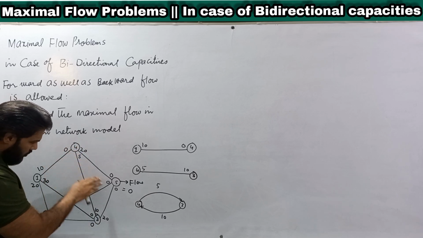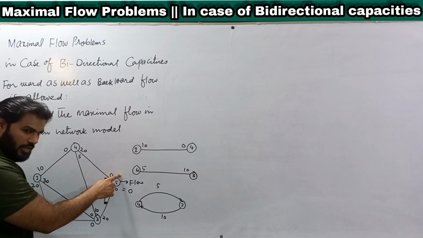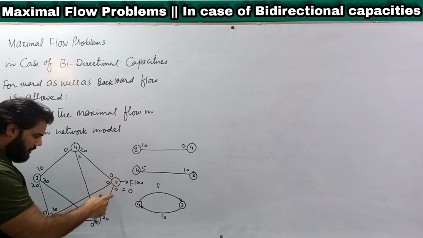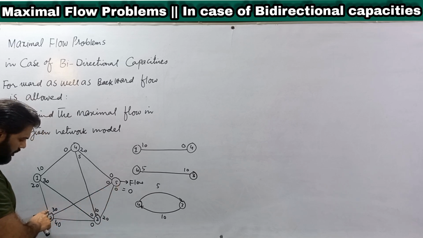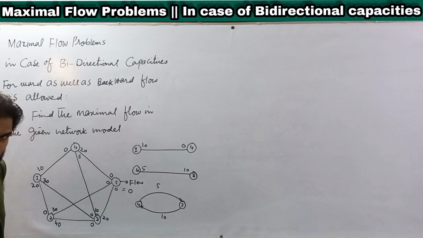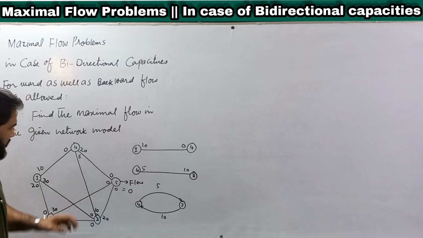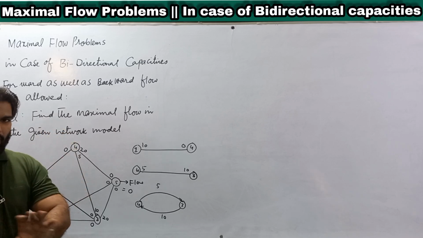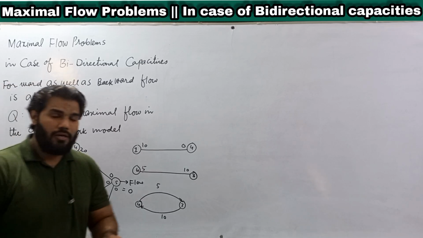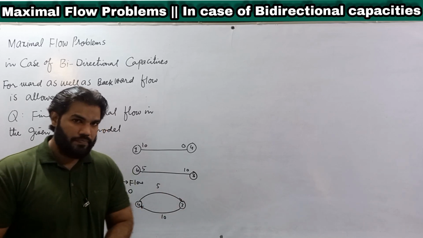And from node 4 you can see that there is a 20 unit flow to node 5. Also there is a 20 unit flow from node 3 to node 5, and there is a 30 unit flow from node 2 to node 5. So node 5 is the sink node, whereas node 4 is neither a sink node nor a source node, because it has inward edges as well as outward edges.